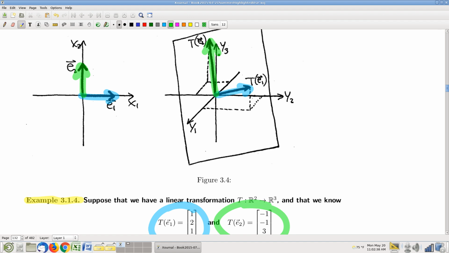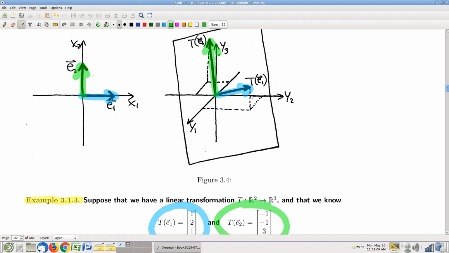And the question is, what else can we conclude about this linear transformation with this paltry information given? And the answer is everything. I can tell you anything else you want to know about this linear transformation. I just told you the images of the standard basis vectors of the domain. And everything else follows by linear combinations.